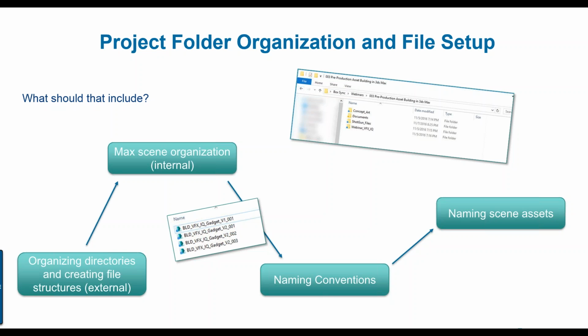So this is more of the external directories, maybe you have it set up so you can find these in your Windows File Explorer. But going from that, we also want to make sure we're organizing our Max scenes or your Maya scenes for that matter. This is all done internally.